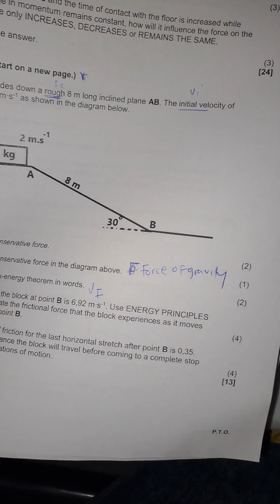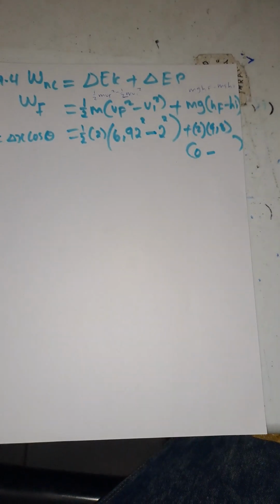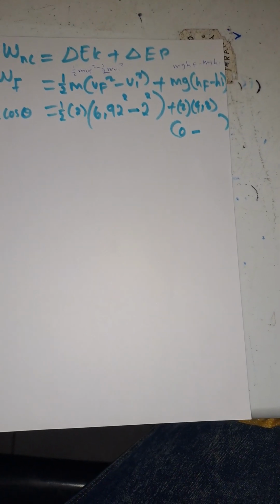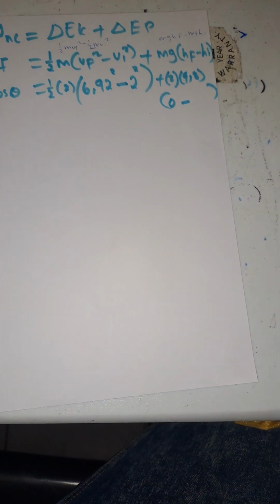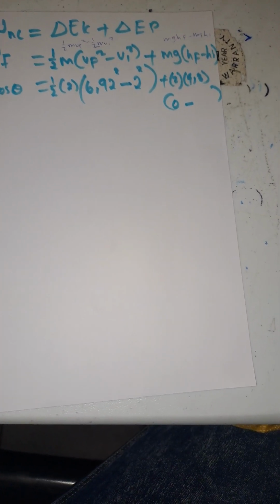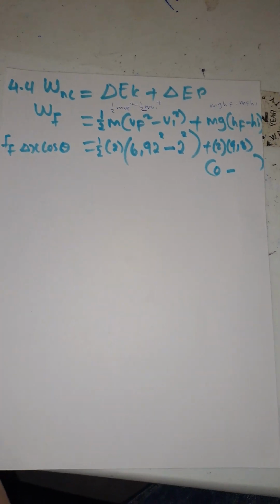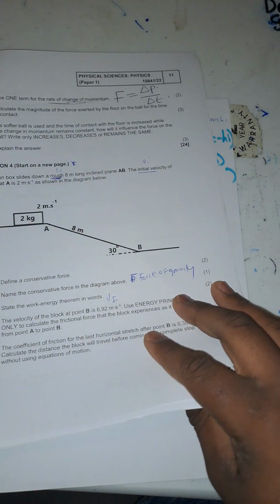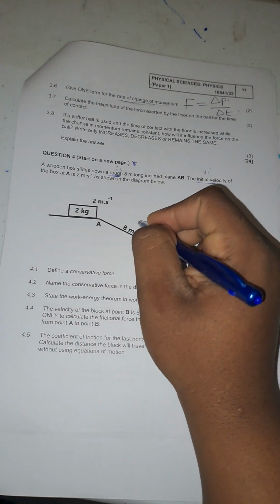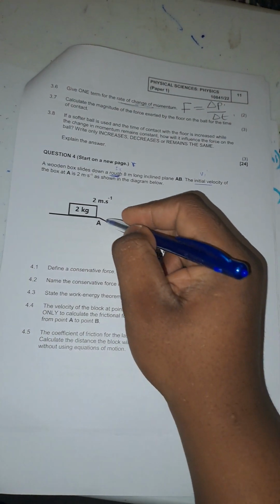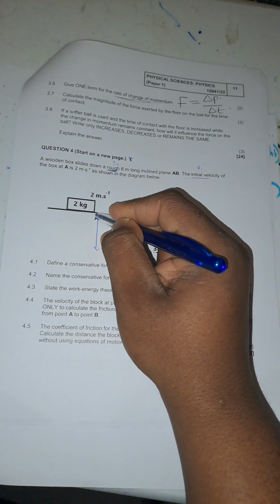As you can see here, I was given 8 meters. Now I will have to calculate my height because I don't have it. Check your diagram here. This is the distance, delta x. The height is this thing.